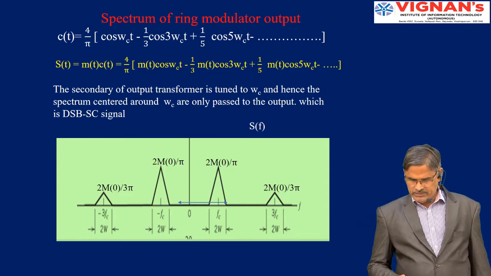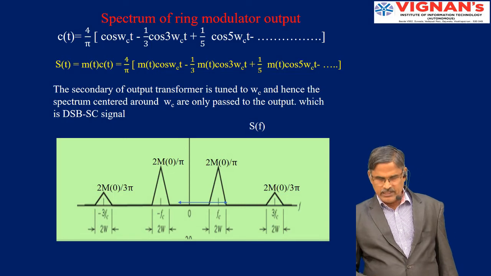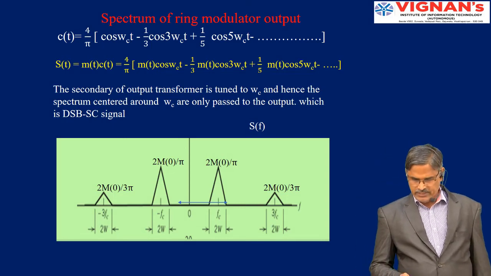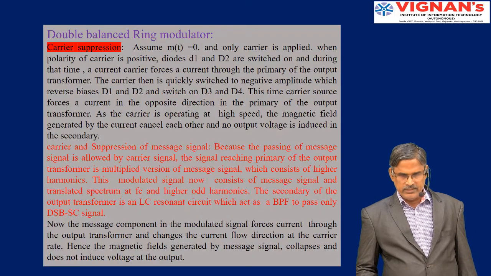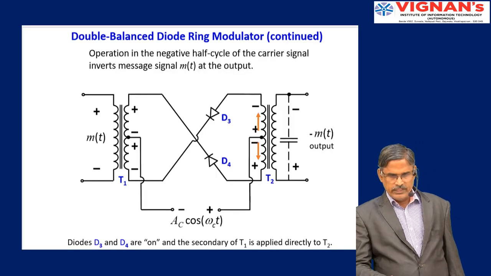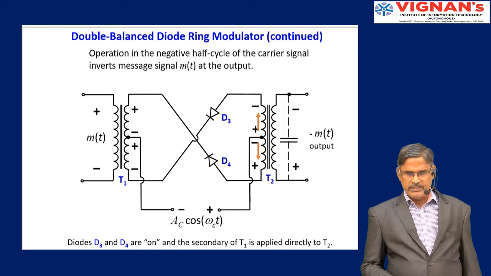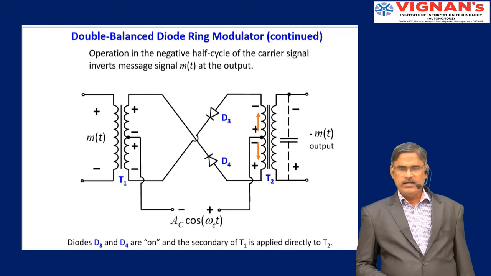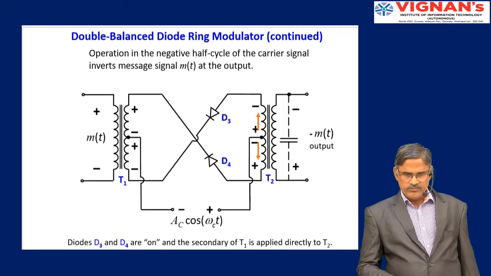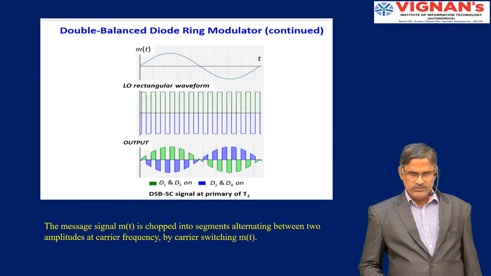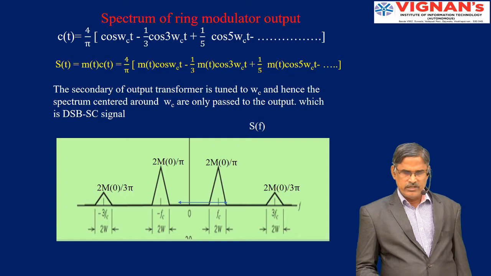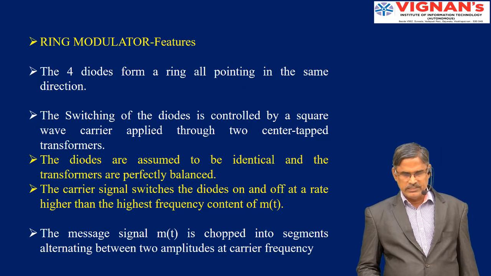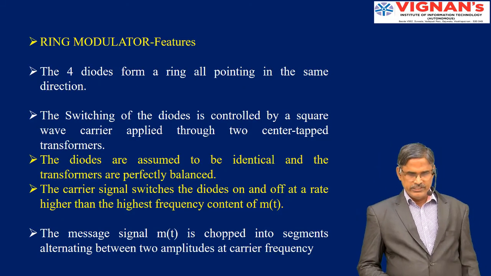The band pass filter is nothing but the secondary of the transformer connected with a capacitor across it. So you can see the band pass filter in the circuit. The capacitor at the secondary of the transformer acts as an LC filter, and that selects your first harmonic product signal. So this way you are able to generate your double sideband suppressed carrier modulation signal by a switching device.